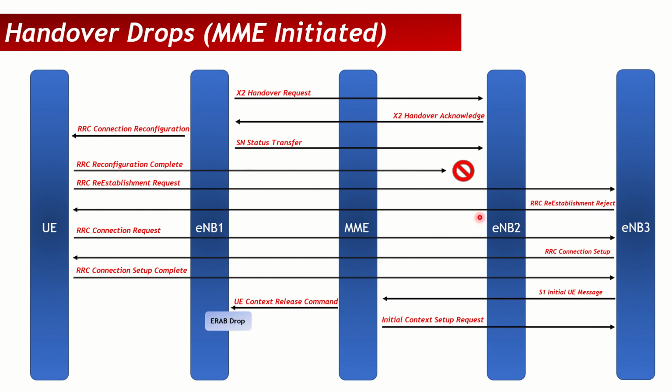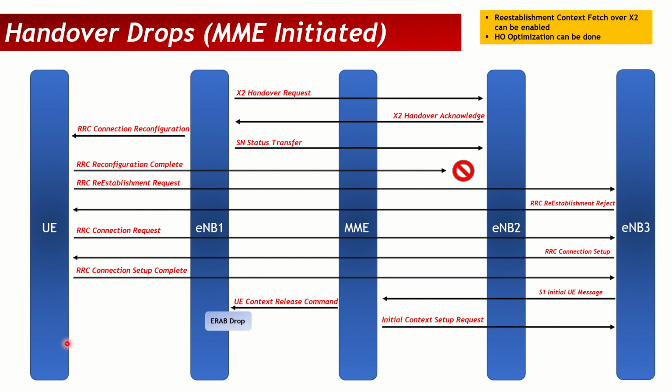So if instead of eNode B2 this was an IRAT, let's say a 3G node, and if the UE was sent from eNode B1 to a 3G node and it failed, and then it tried to connect to eNode B3, which is an LTE node, even then this scenario will be pegged with a similar concept and a similar signaling flow. So this is how handover drops can be pegged as MME initiated handover drops.